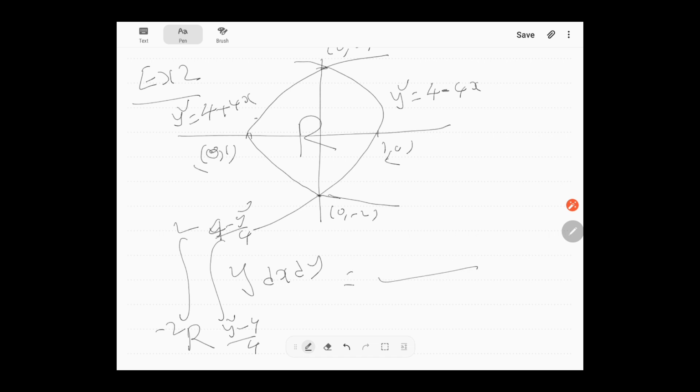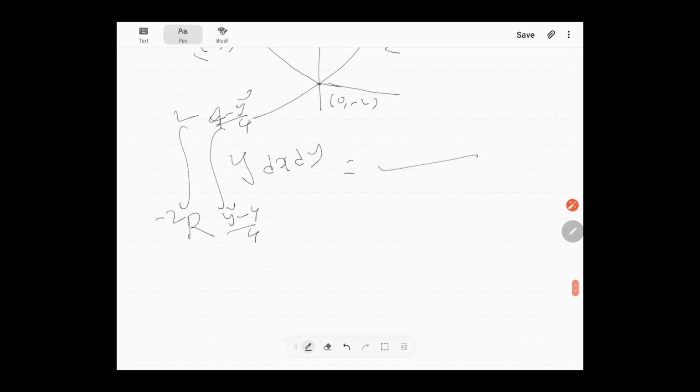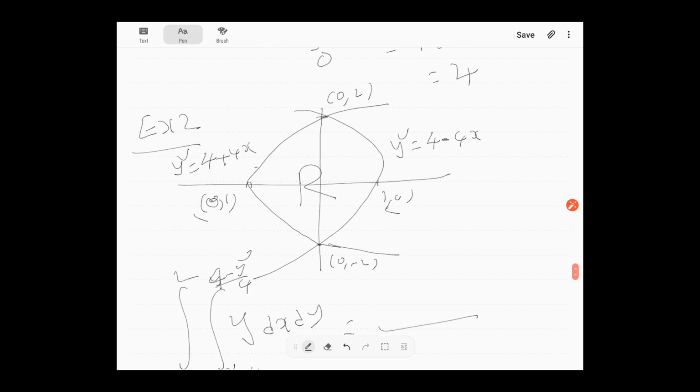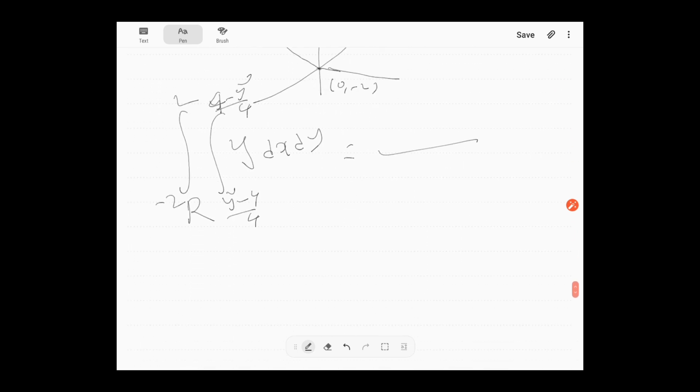Again, while doing that integration, you feel some kind of difficulty. So let us change this region of integration. I'll change this region of integration to another region in the UV plane by taking the transformation x is equal to u square minus v square and y is equal to 2uv.